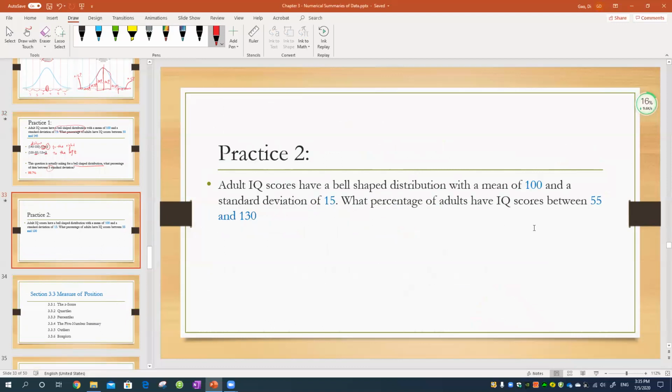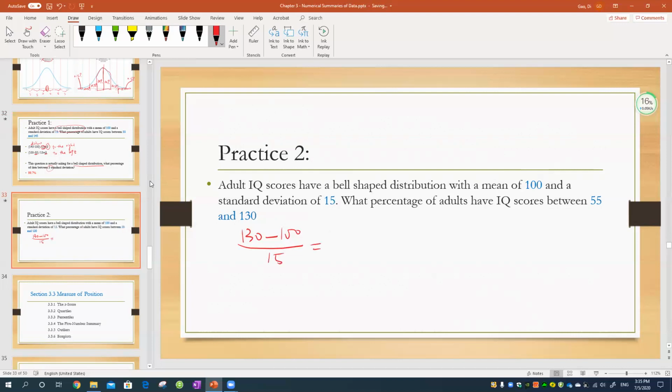Adult IQ scores are still the same setup, a bell-shaped distribution with a mean of 100 and standard deviation of 15. What percentage of adults have IQ scores between 55 and 130? So same thing, we look at 130 compared with the mean. So minus the mean 100, and then divide by the standard deviation.